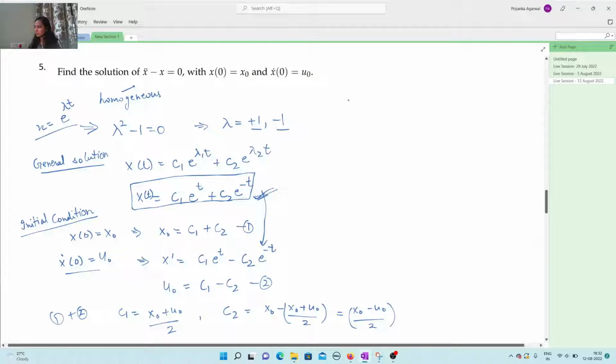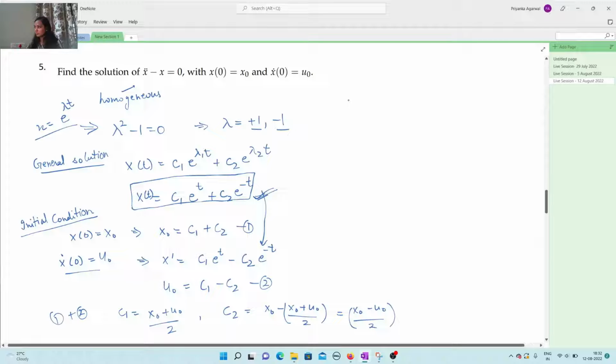Now these are some familiar forms and can be expressed in sine hyperbolic and cos hyperbolic functions. So basically we can write this as cos hyperbolic, and this can be written as sine hyperbolic.